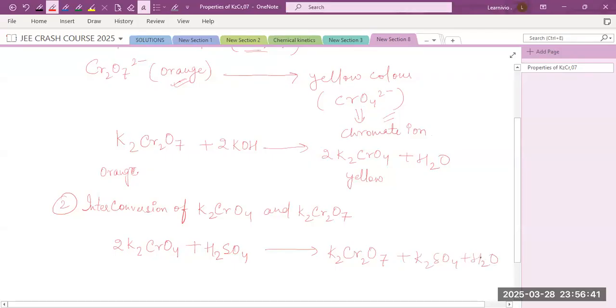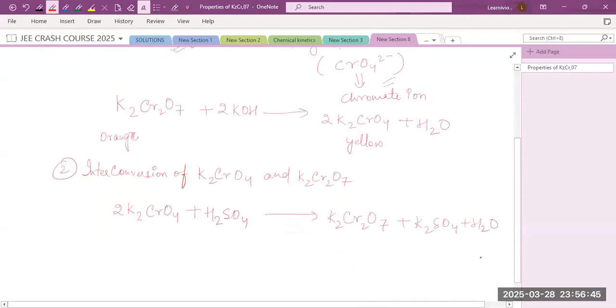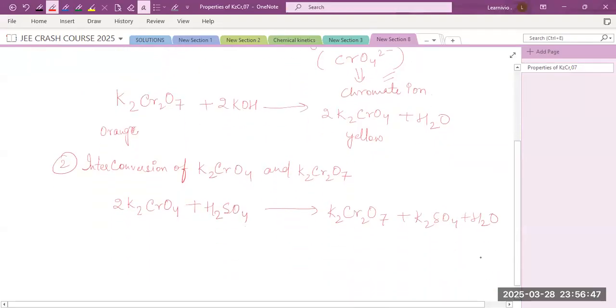Clear? So just opposite of the first one, interconversion of K2CrO4 and K2Cr2O7. When you add an acid to a potassium chromate solution, this yellow color solution turns into an orange color solution, which confirms that potassium chromate interconverts into potassium dichromate.